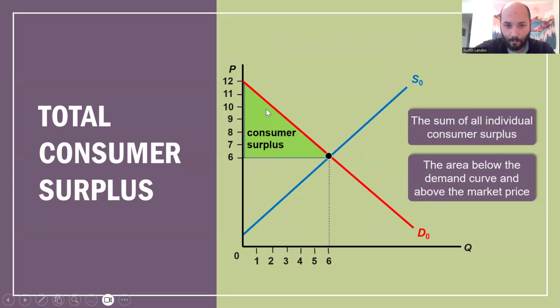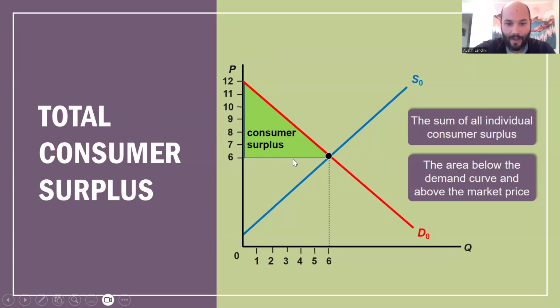And so on. All right, so the total consumer surplus in a market is this area of a triangle, which is below the demand curve, but above the market price. And again, it's showing us that at each possible price, there's some consumer or consumers who would have purchased at that price, but they only had to pay a lower price.